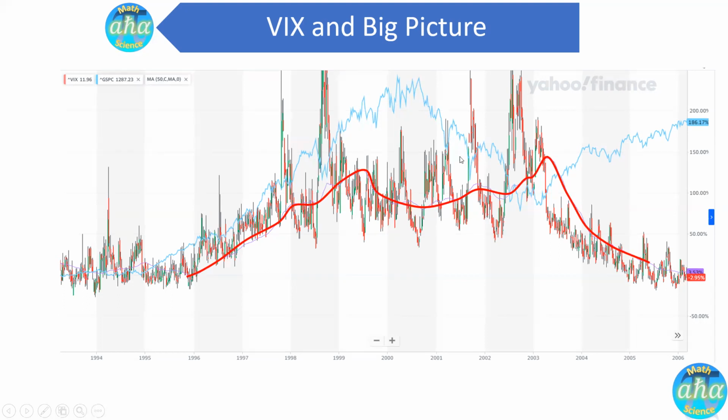So again, very clearly a double peak structure within a 3 to 4 year time frame. Very interesting. Just in the past 25 years, we see these three big bear markets, and you always see this double peak structure.